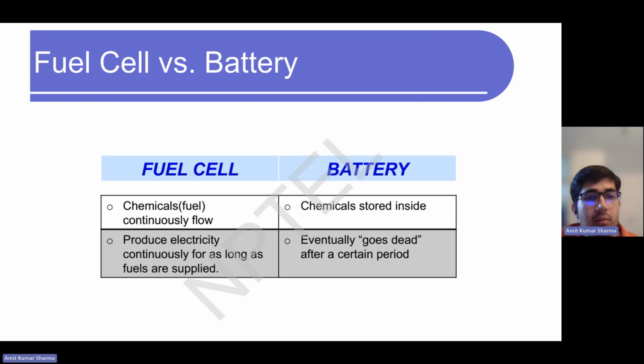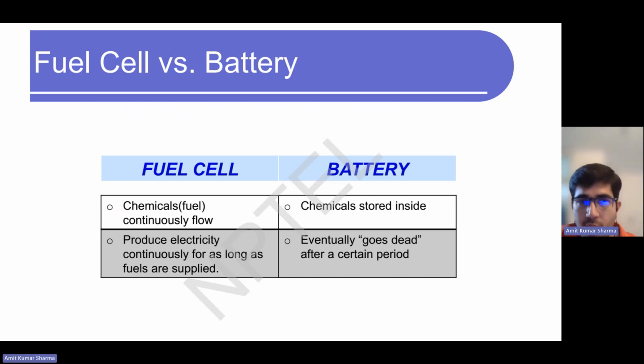Now, fuel cell and battery. In a fuel cell there is a continuous flow of chemical fuel, but in a battery the chemical is stored inside, so we have limited fuel that is already stored in the battery.